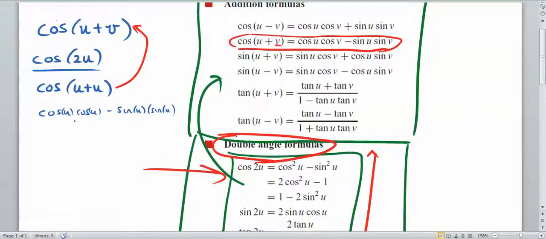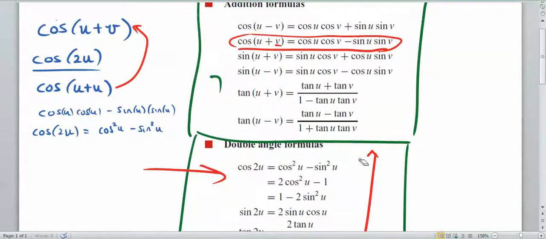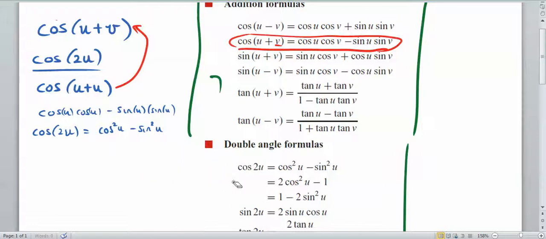Okay, so cos of 2u is equal to cos squared of u minus sine squared of u. Wow, that's what we've got there. So let's have a look. We've got cos of 2u is cos squared minus sine squared. That's pretty easy, isn't it?